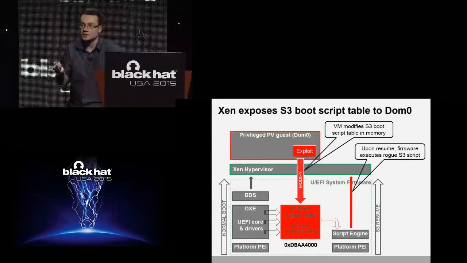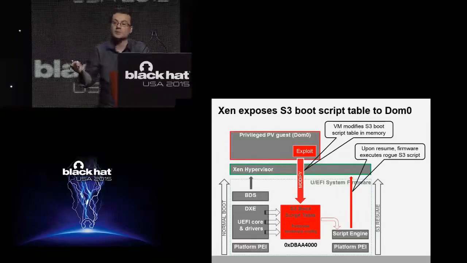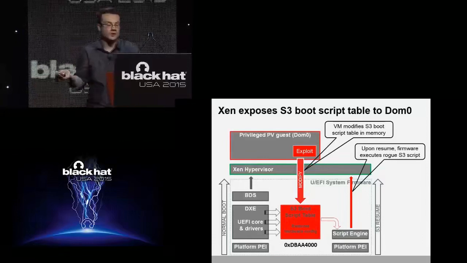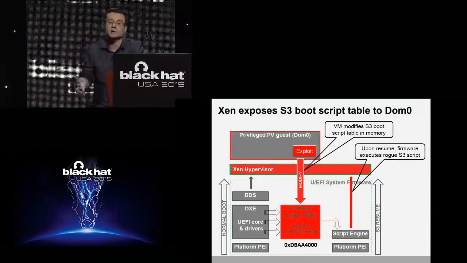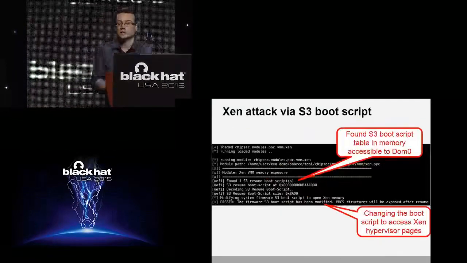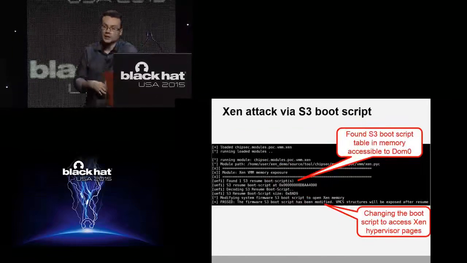Upon resume from sleep, the firmware would interpret a completely malicious S3 boot script table and the opcodes, and will execute arbitrary code or override arbitrary memory, therefore compromising anything on the system above it, including the Xen hypervisor.